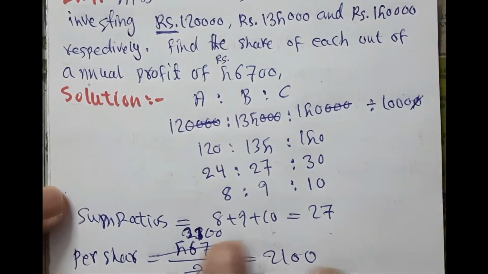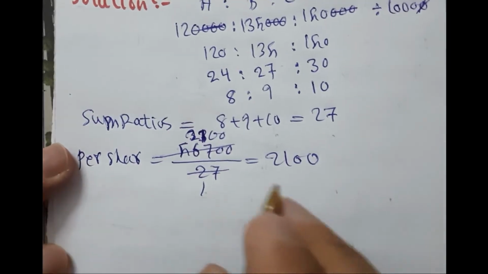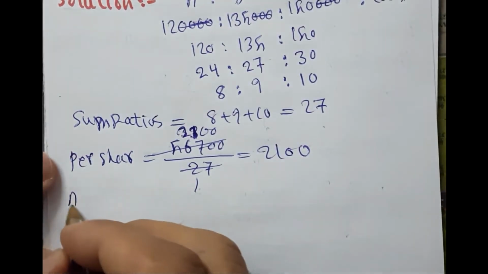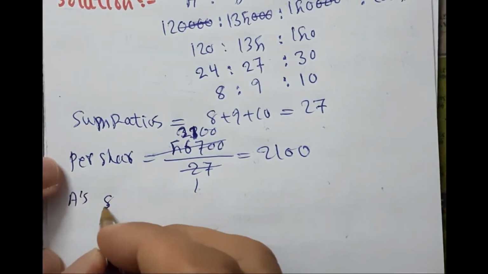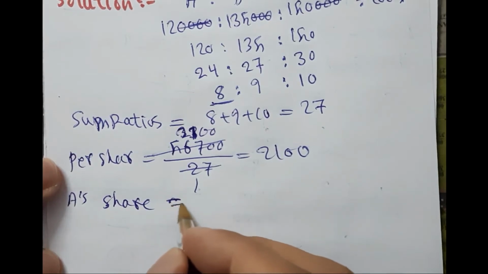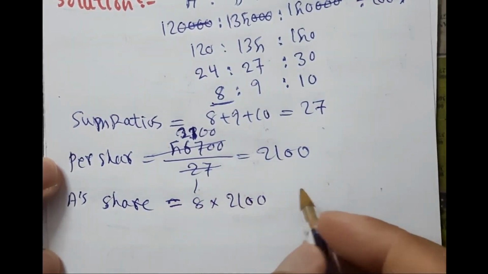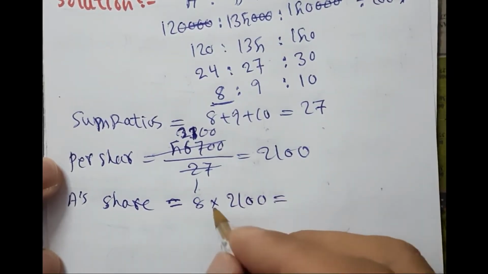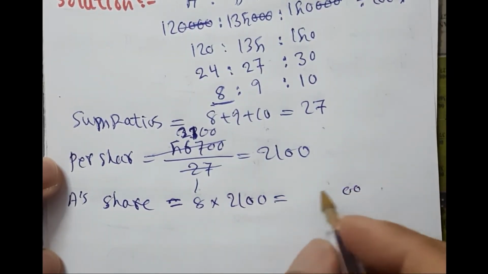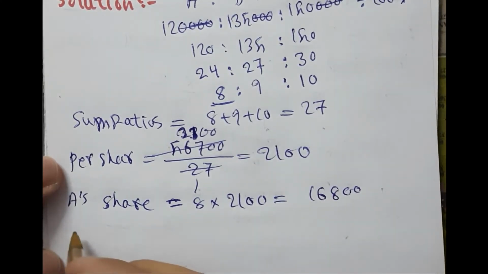Share of A is 8 multiplied by 2,100, which is equal to 16,800.